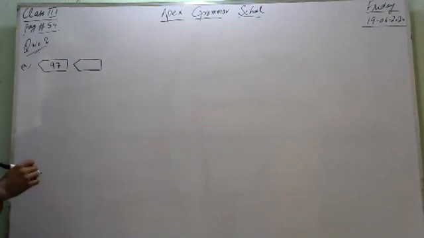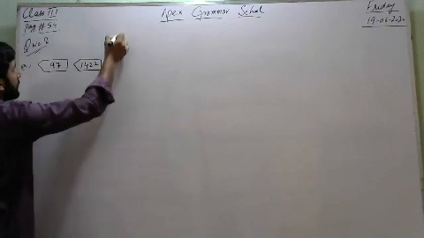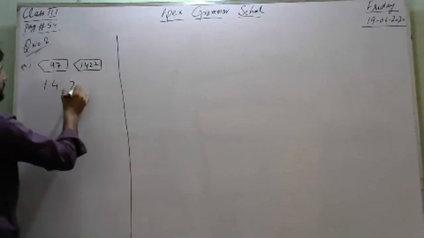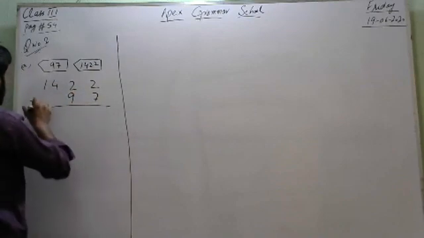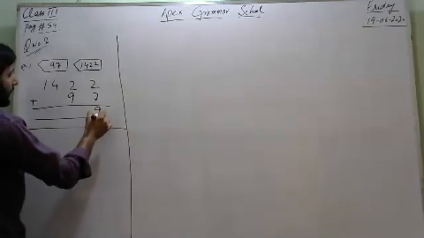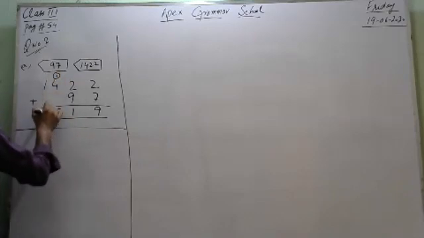Second is 1422. Plus 97. 7 plus 2, 9, 9 plus 2, 11, 1 carry, 4 plus 1, 5 and 1.